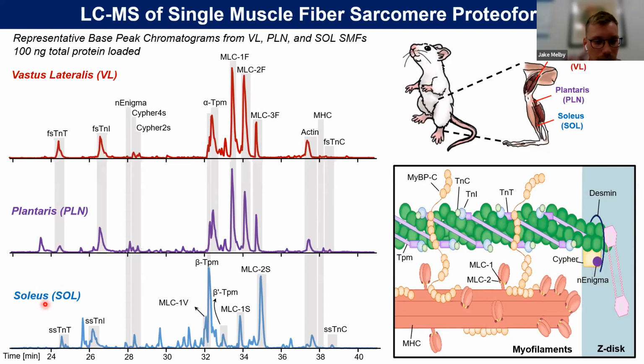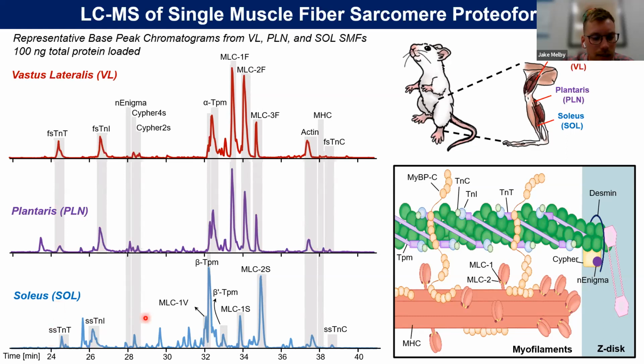You'll see soleus, if you remember from the functional data, had the slowest shortening velocity. So soleus corresponds to the highest population of slow twitch fibers.